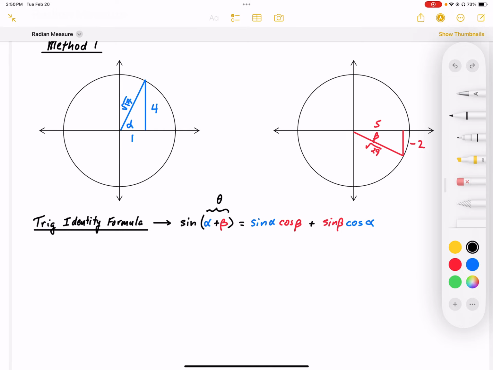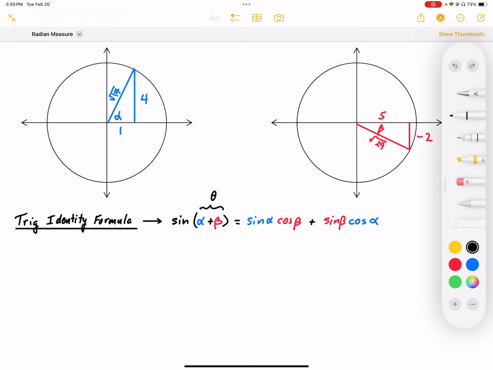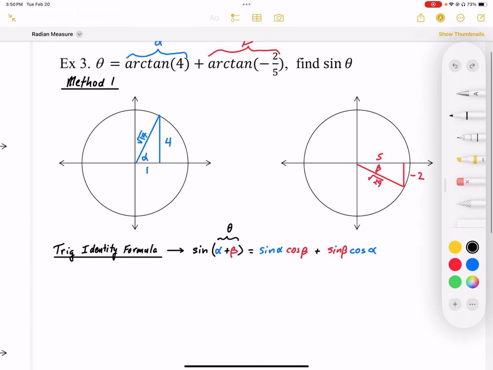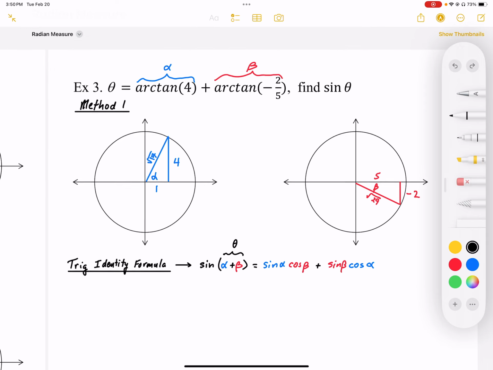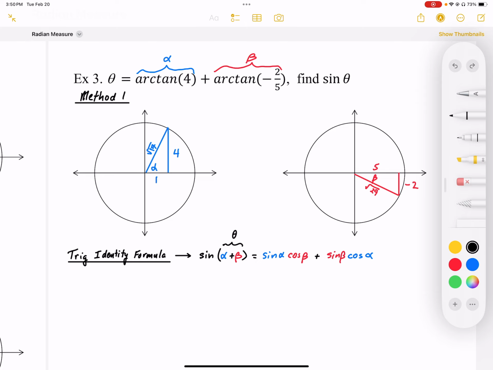And the formula that we're going to use is sine alpha cos beta plus sine beta cos alpha. As long as we know the individual sines for alpha and beta and the individual cosines for alpha and beta, we're able to just plug them into this formula and solve it. We're not going to prove why this formula works, but it is a very useful formula.